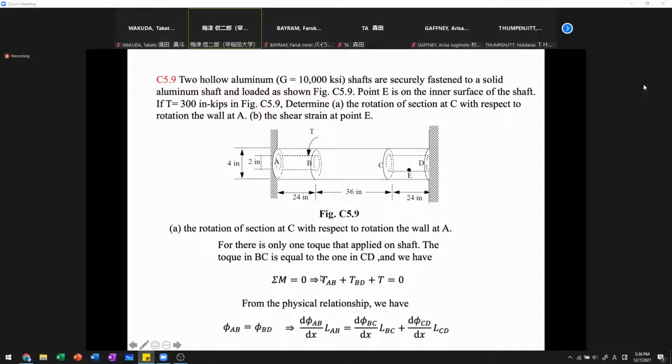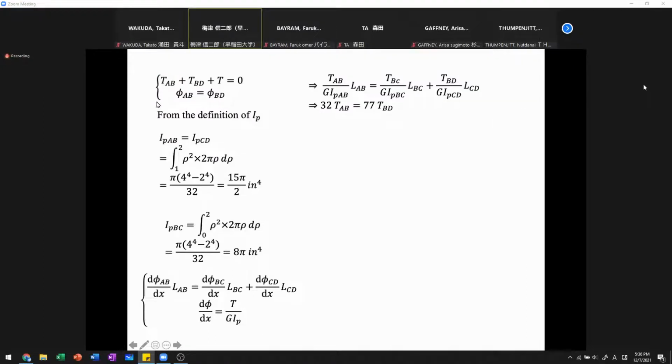Okay, this is a question about torque T, and this is a question about phi that I introduced. So we will use these to get the full calculation. Before that, we estimate the IP from the definition. The definition is already shown in the former slide.